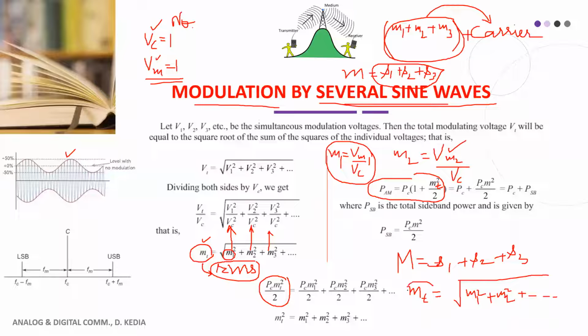This will be the total modulation index, which we will use for all purposes. This is how we obtain the modulation index when there is modulation by several sine waves.